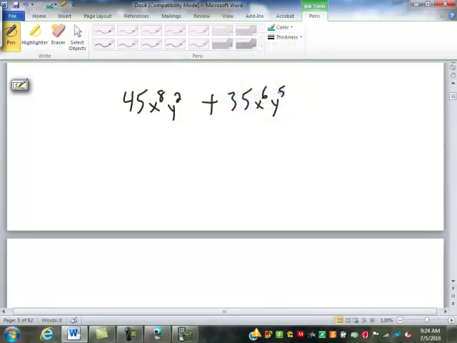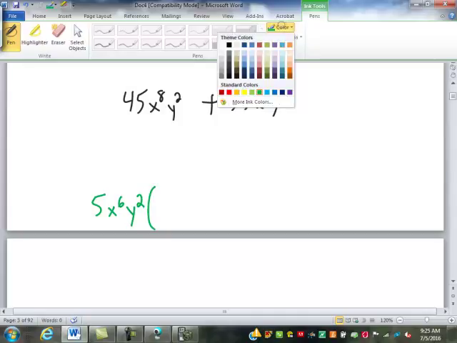Where do we start? 5 is part of our greatest common factor. What's the rest of it? X to the 6th. Y to the squared. Good. It has to be the smaller power for each of the variables.